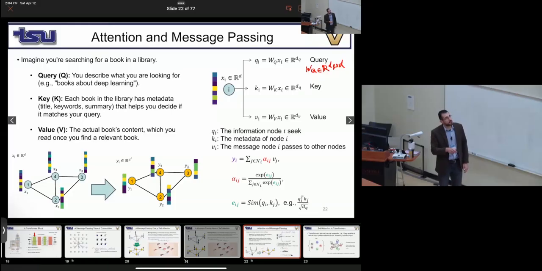So these are learnable parameters. You have a parametric function. Again, this is the model we are designing, and we are going to learn what these are eventually. But for now, assume that they're just parameters. And then if we have the query, key, and value, we can say your output or updated information for node xi should be the aggregation of the values from all other neighbors, with some alpha. What are these alphas? These alphas are exactly the attention that we were seeing before. You need to first aggregate these, but to aggregate them, you need to know which neighbor to rely on, who to pay attention to.